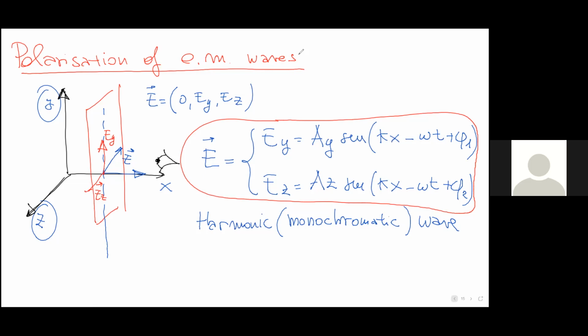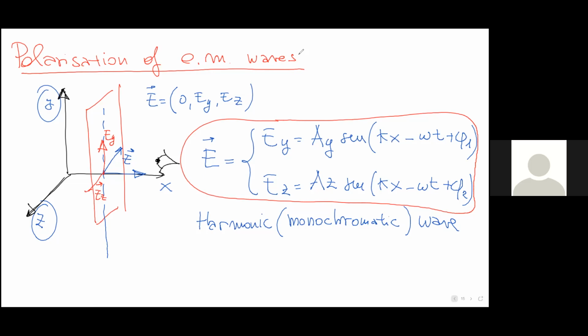Linear along Y, linear along Z, linear along a given direction, linear at 45 degrees, elliptical, canonical, circular, and generally elliptical. These are the states of polarization of polarized light.